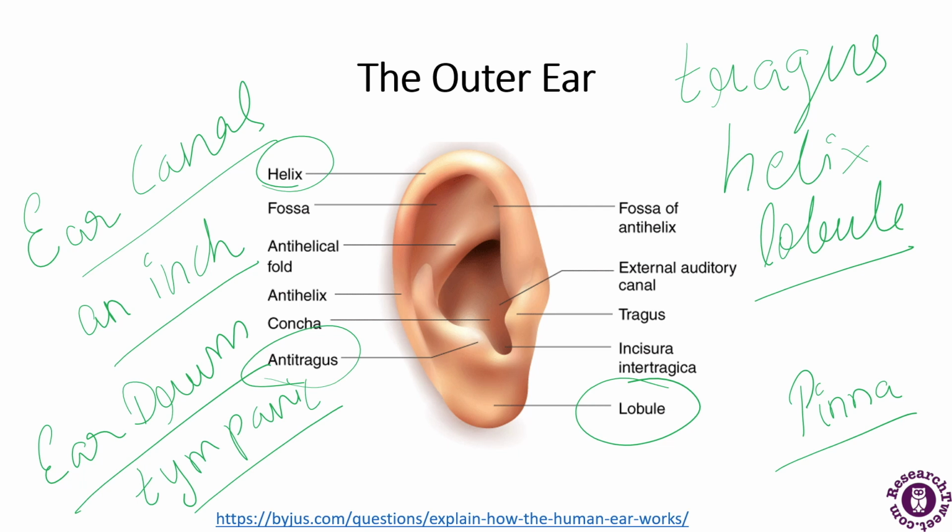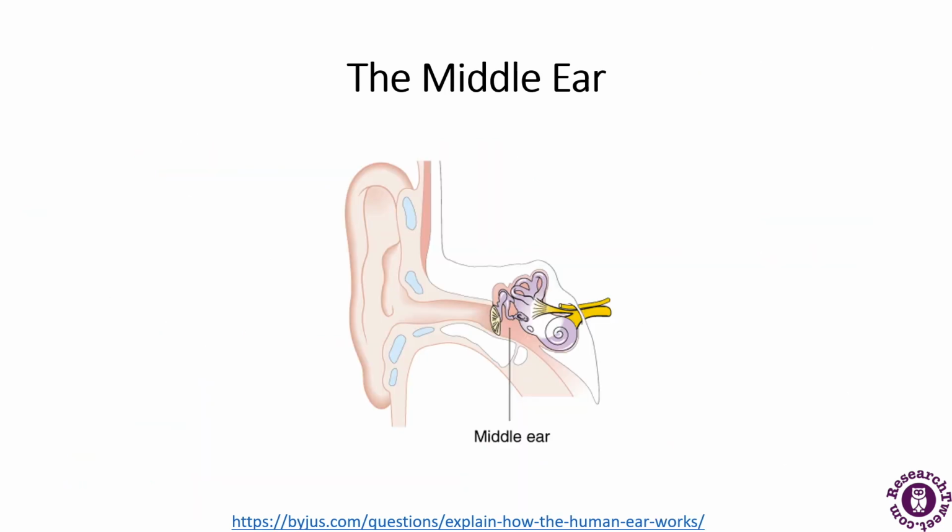The eardrum is a transparent gray membrane, and at the center of the drum is the middle ear bone known as the malleus.